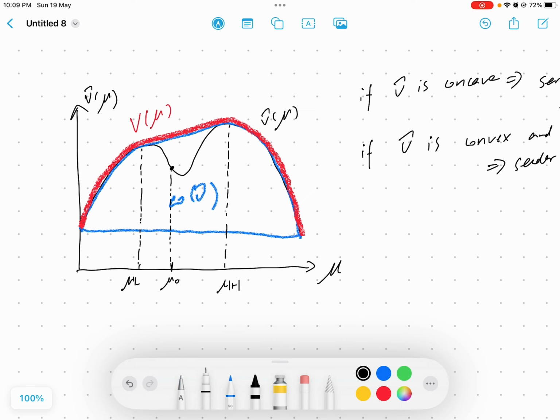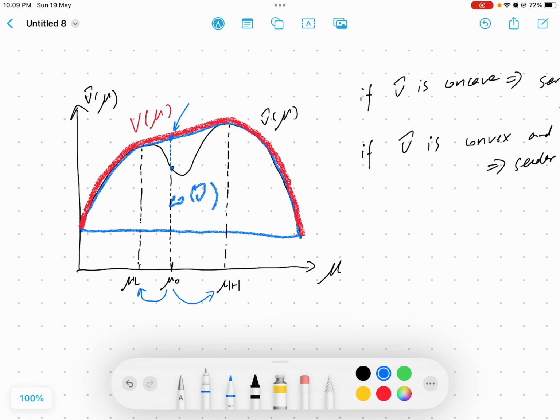But since we have this signal, it can induce a distribution over the posterior beliefs, so mu naught can be redistributed to those two values, right? So the expected utility for the sender increases from this point to this point, right?